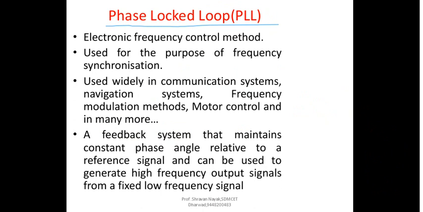In that way, it can be interpreted. So let us try to understand the principles or basic definitions behind a PLL, and where exactly this PLL is used. In a nutshell, you can consider it an electronic frequency control method. It is basically a frequency control method.